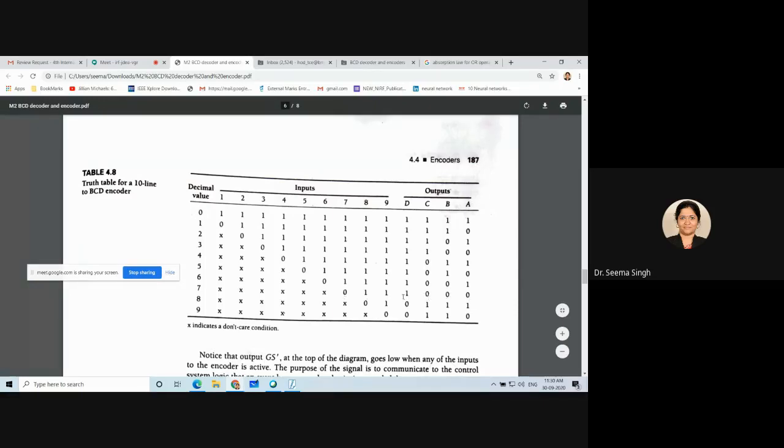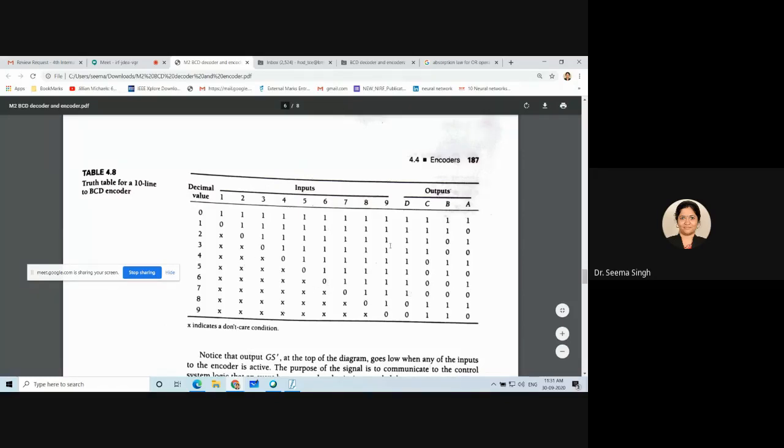Why? Because it takes this 7 as 0 and it takes this 5 as don't care. Down from 7, whatever is there, whether 0 or 1, it does not bother. It will select 7 as the encoded output, and it will show 1000 here like this.